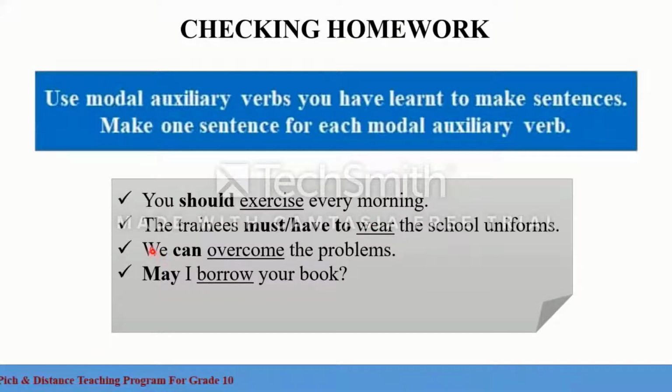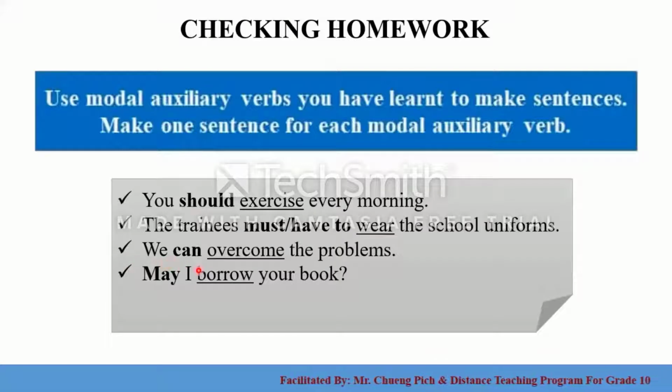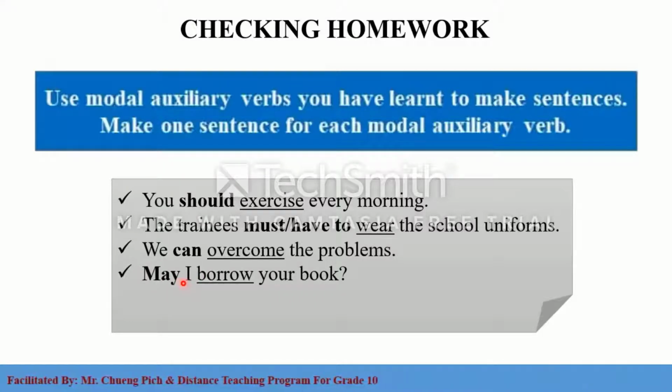Number 3, we can overcome the problems. Can is a modal verb, overcome is a verb. The last one is, may I borrow your book? May is a modal verb and borrow is a verb. We use may here to ask for permission in a polite way.